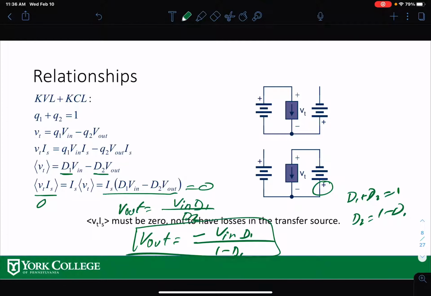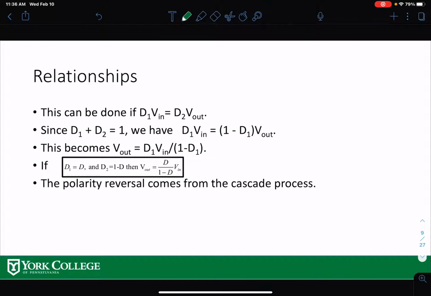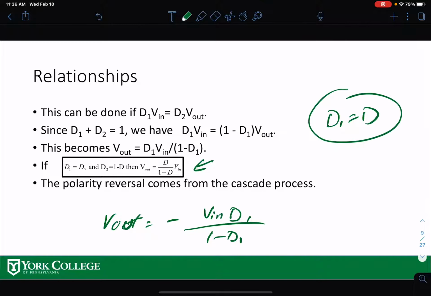That's the output voltage for your buck boost converter. With the polarity reversal, V out would be negative V in D1 over 1 minus D1. Sometimes we use D1 equal to D.